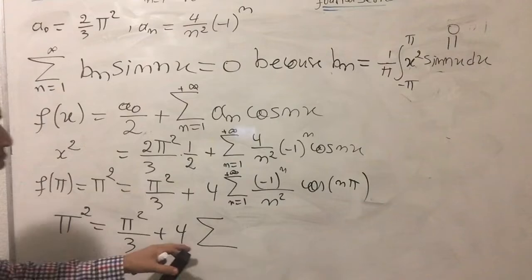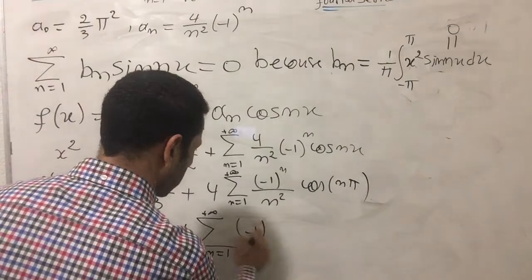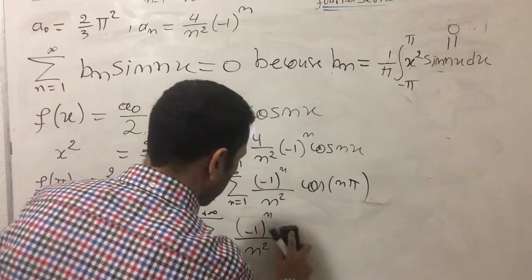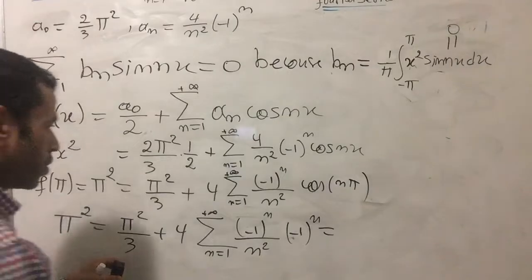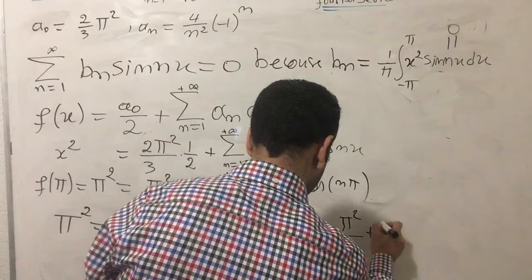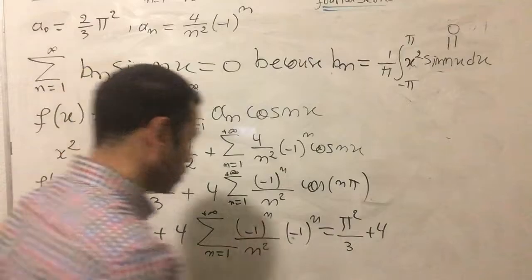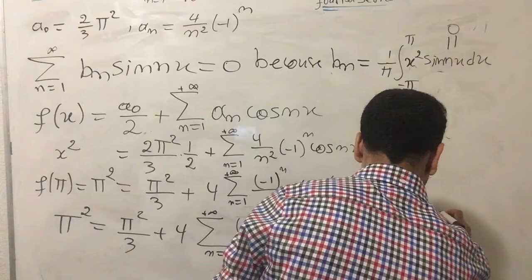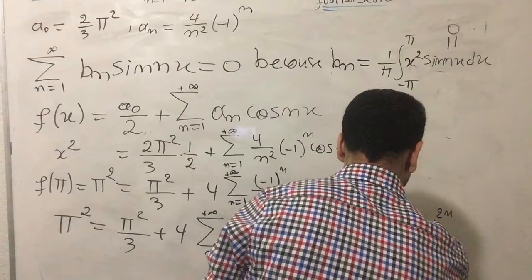Multiplied by 4, the sum as n goes from 1 to plus infinity of minus 1 to the n over n squared multiplied by cosine n pi, which is minus 1 to the n. So we'll have pi squared over 3 plus 4 times minus 1 to the 2n over n squared, as n goes from 1 to plus infinity.